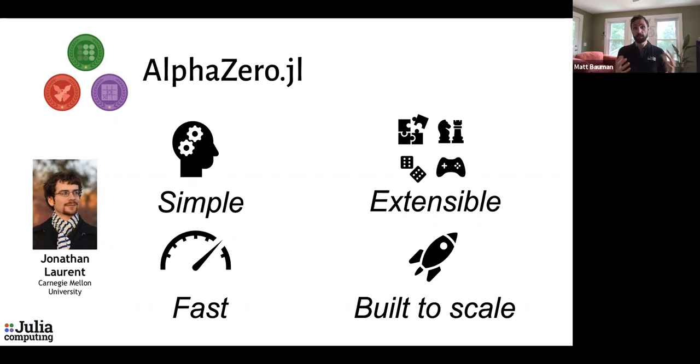He sees this as not just an execution engine, but also as a learning tool to understand AlphaZero and get a sense of what the core algorithms are doing. And so he takes a lot of care in the actual code itself, making sure that not only is it doing what it should be doing, but also that it's readable, understandable, and teachable.